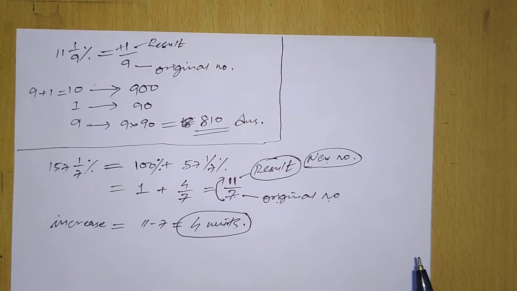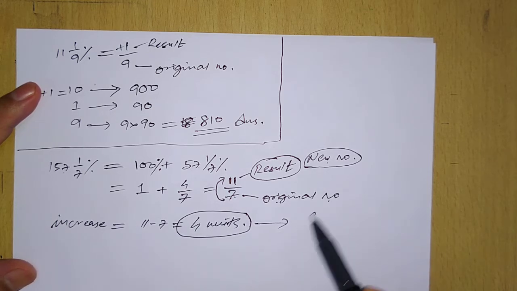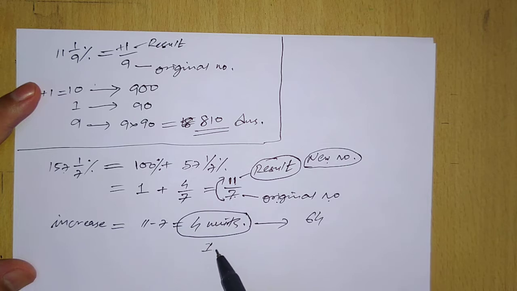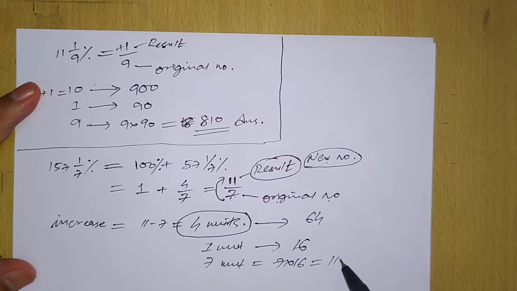Because of 64, these 4 units have been increased. So 4 units represents how much? 64. So 1 unit will represent 64 divided by 4, which gives us 16. So we need to find the original number. Original units is 7. So 7 units will represent 7 into 16, which gives us 112.